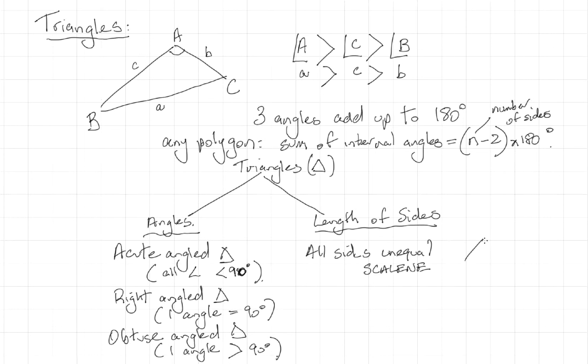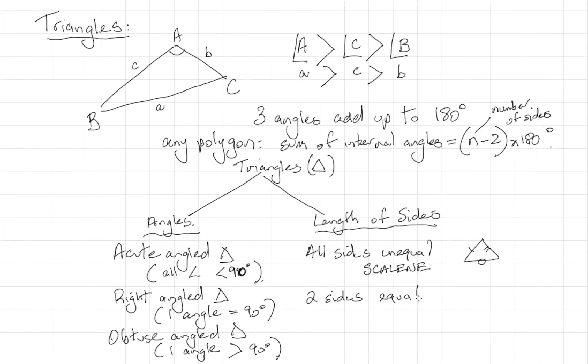A symbol for that could be something like this, and it doesn't matter what symbol you use. I'm just using a single stroke, double stroke and a circle. That's a scalene. That just says that these three are unequal in size. So that's a scalene triangle.